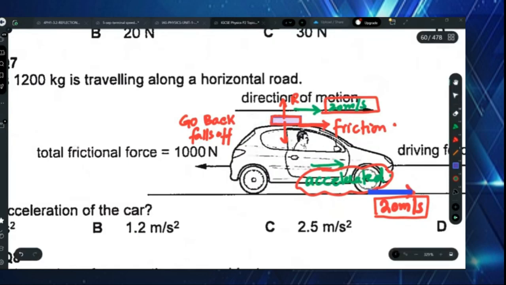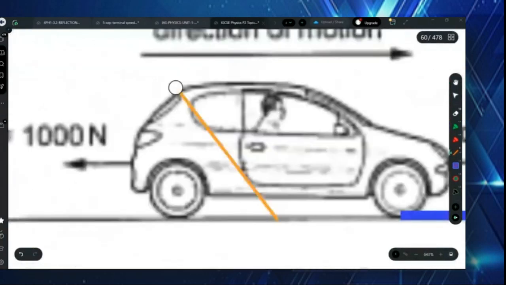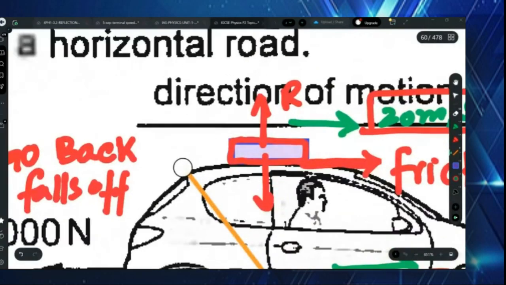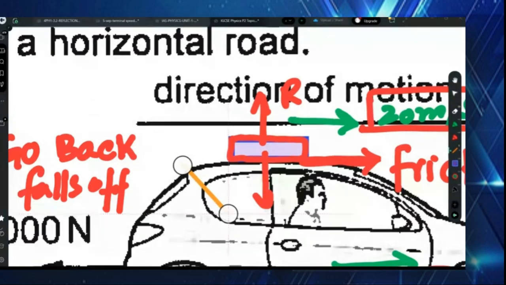Yes, it is a game of inertia actually, because due to inertia, your bag will try to maintain its position, but if we do not have any friction, what will happen? The bag will fall off.